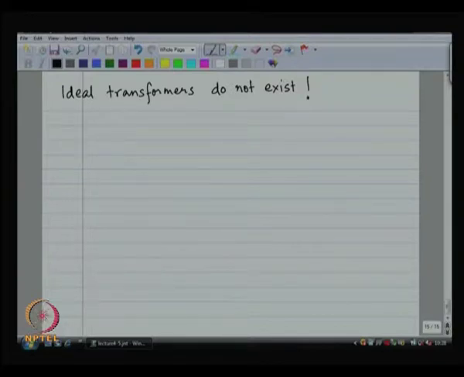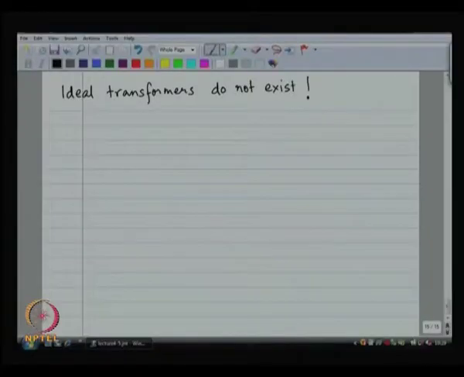It does not exist. It is impossible to make an ideal transformer. We are going to study transformers later on, but it is not possible, right.